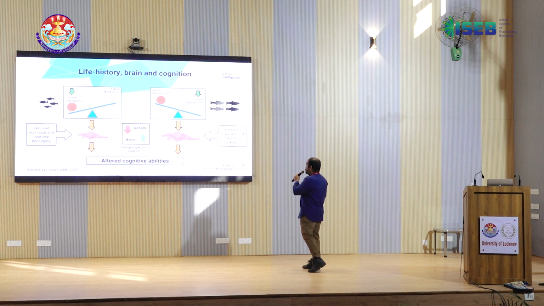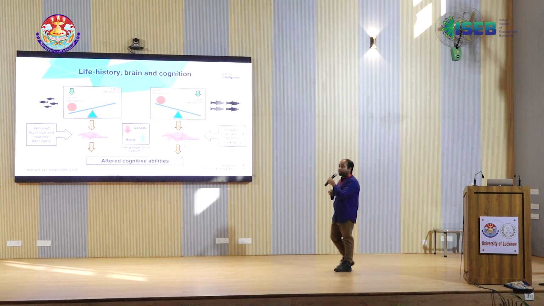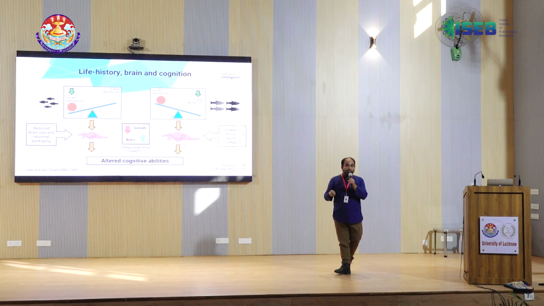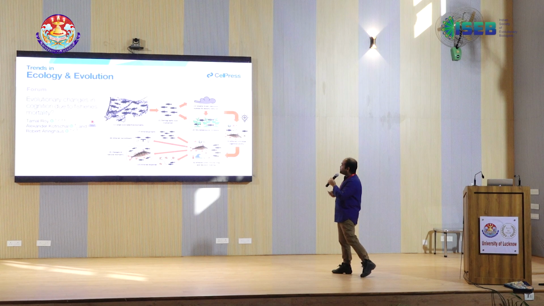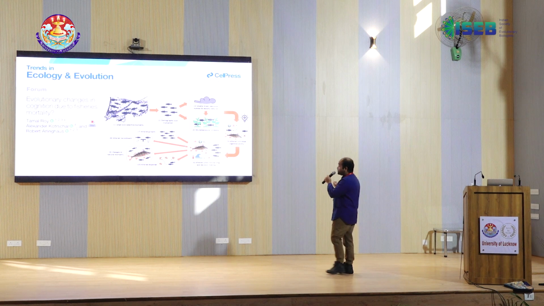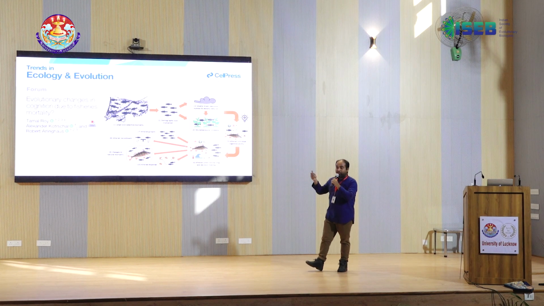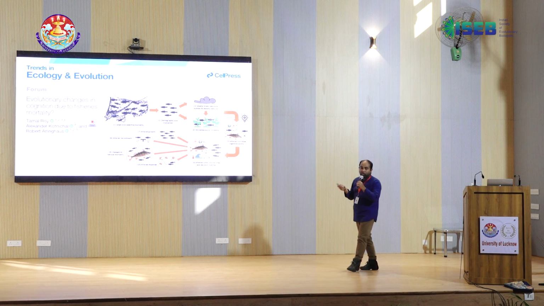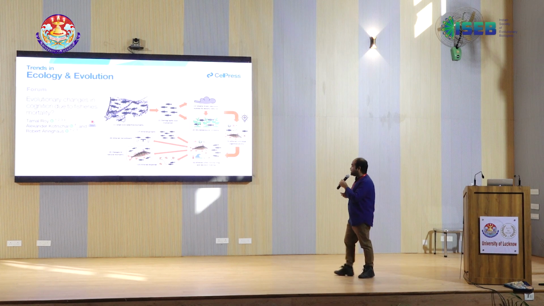We can expect just the opposite pattern in case of slow life history evolution, where the brain size could be increased and the neuronal packaging could also be simultaneously altered. Now, as the brain is the seat of cognitive abilities, changes in the brain would lead to altered cognitive abilities. Now, this can have a lot of consequences. It can trigger a chain of events, not only at the individual level but at the collective level, population level, and ultimately at the ecosystem level. We put forward this as a novel hypothesis which has been recently published. If you are interested, please take a look at this paper.